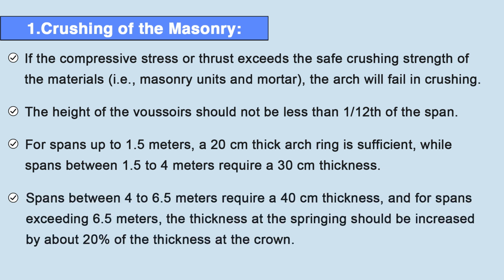Span between 4 to 6.5 meters requires a 40 centimeter thickness, and for a span exceeding 6.5 meters, the thickness at the springing should be increased by about 20% of the thickness at the crown.